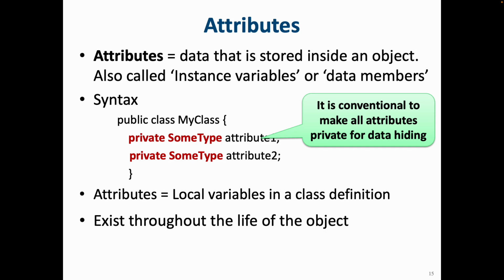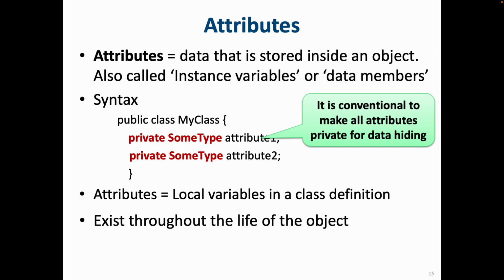And for this private, for now let's just see private. In later sections we will see the other options, but we are basically setting who can access this attribute. When we say private, it means that only code within this Java file can access it.